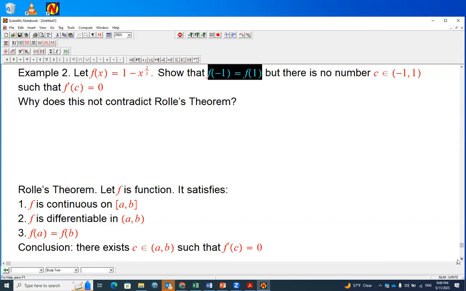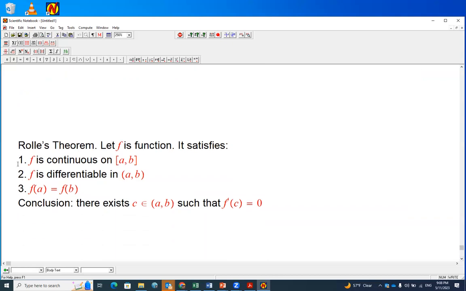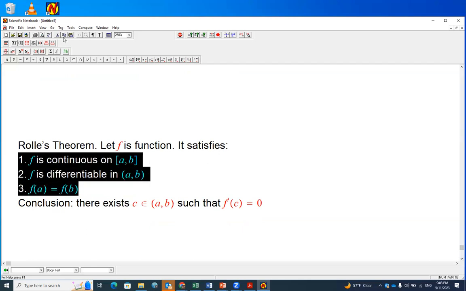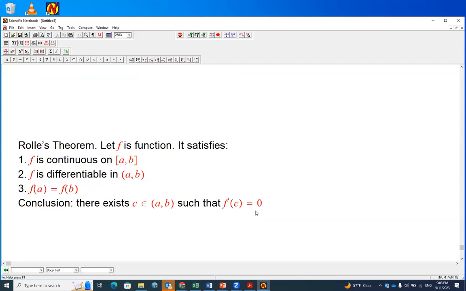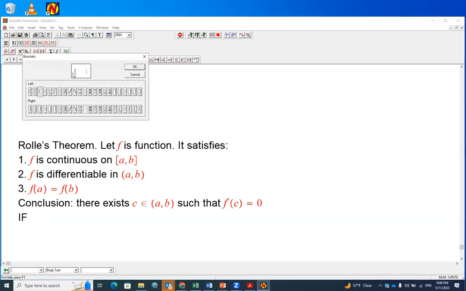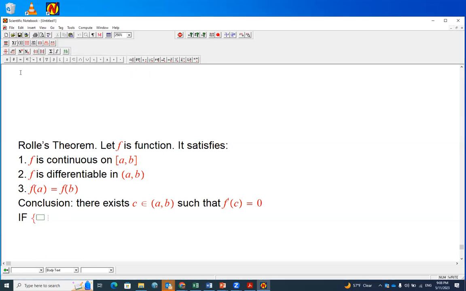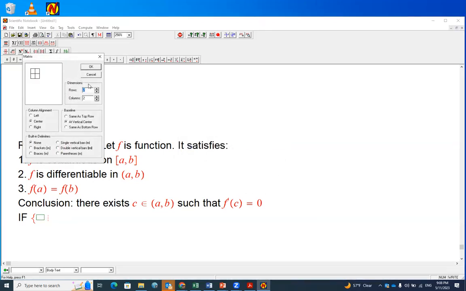So suppose that we have all 3 conditions bundled together.